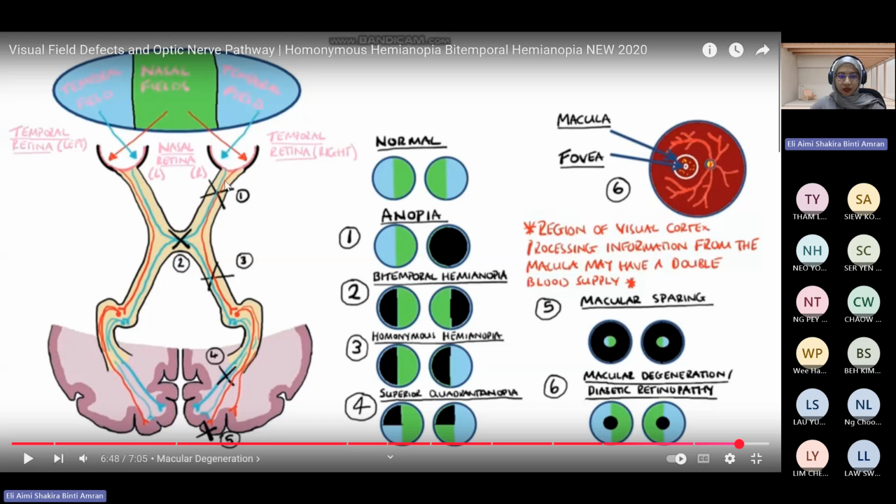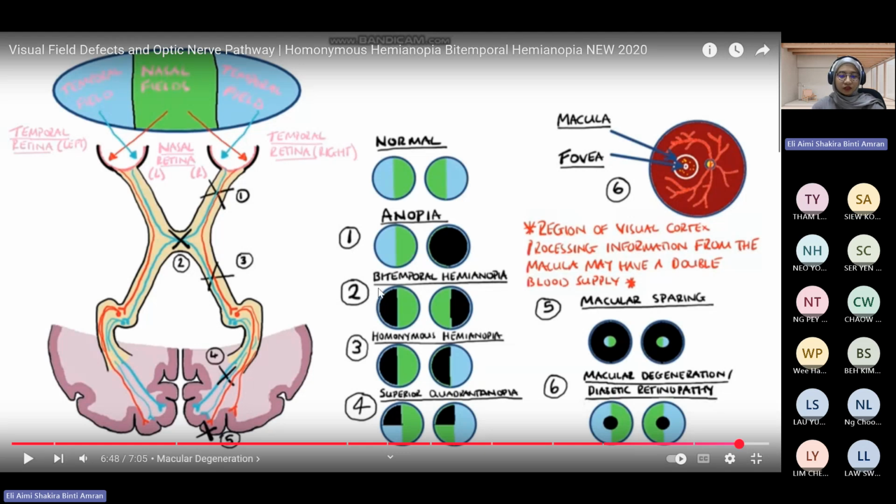So number 1 is when the patient has a lesion on the right optic nerve. The patient will have total blindness in that particular eye, or total loss of visual field. Number 2 is the optic chiasma. When there is a lesion or injury at this point, the patient will have bitemporal hemianopia.